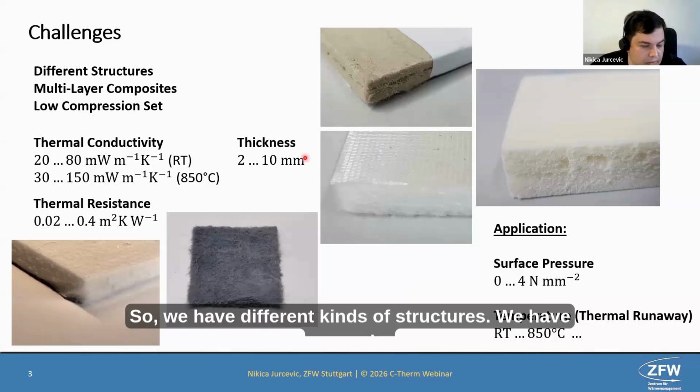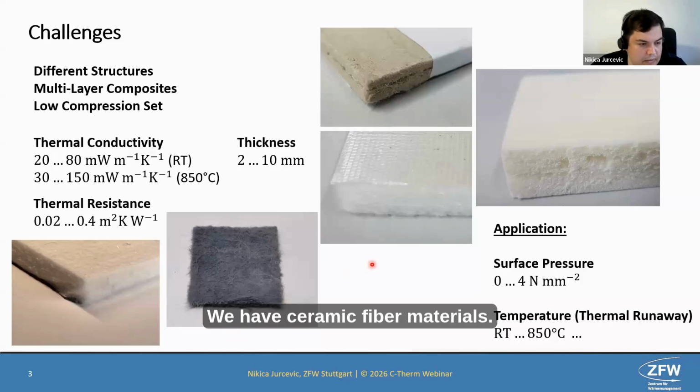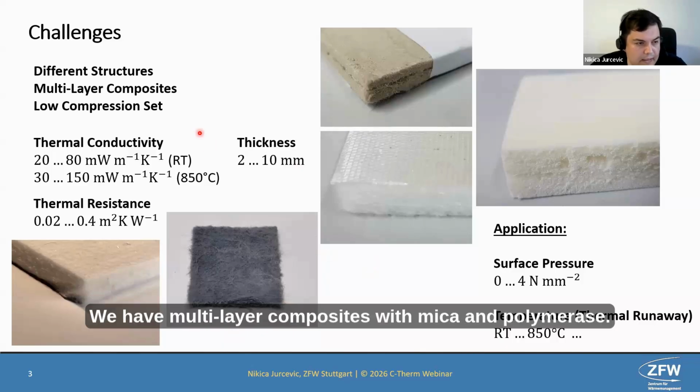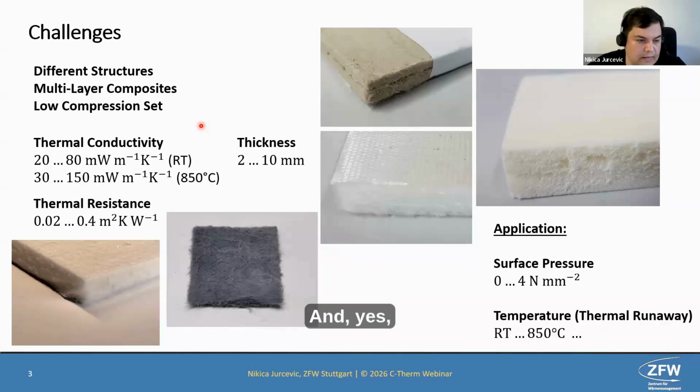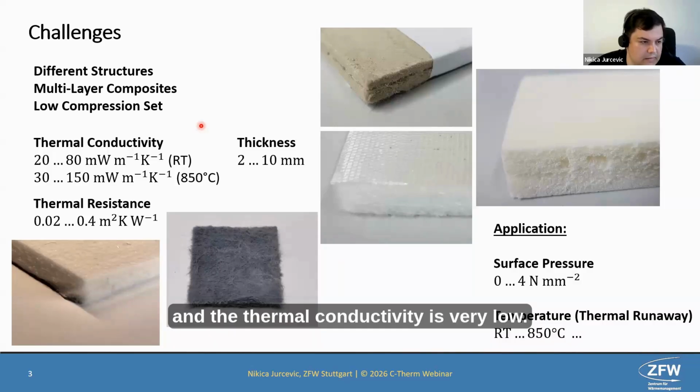So we have different kinds of structures. We have aerogels, we have ceramic fiber materials, we have multi-layer composites with mica and polymers, and the thermal conductivity is very low.